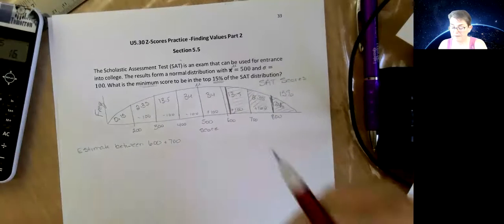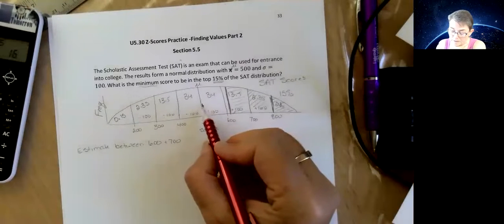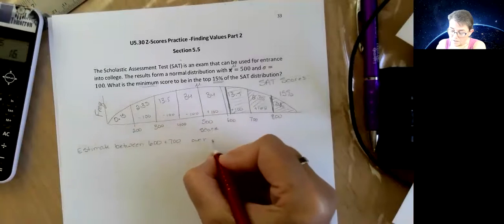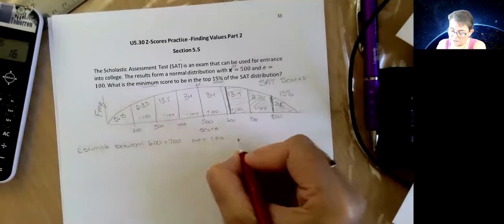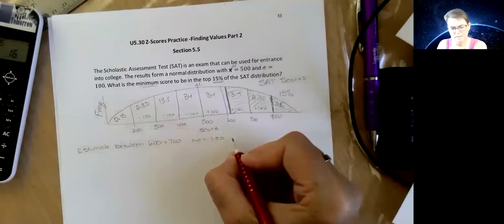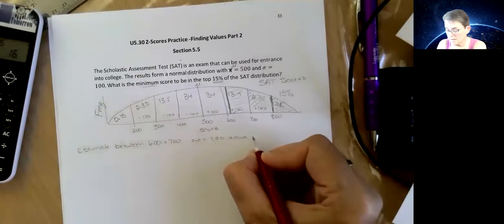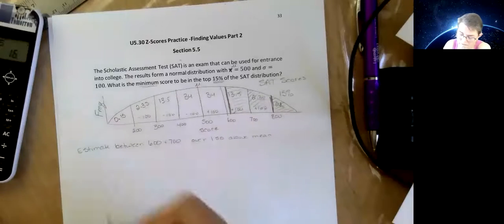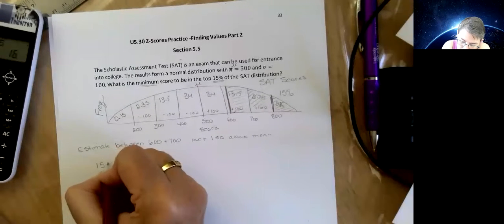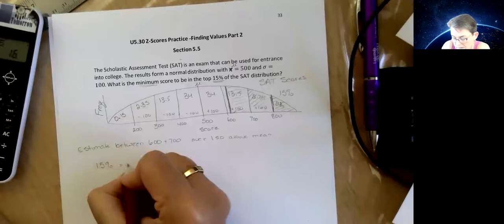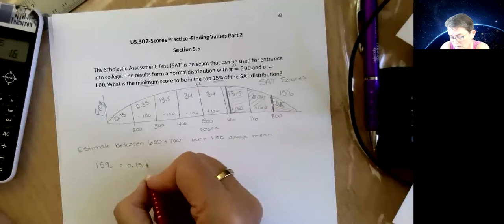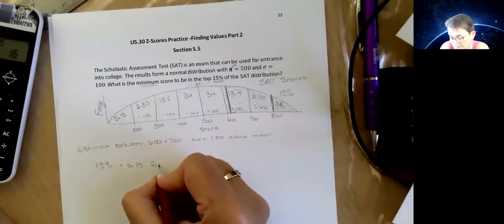All right, so it looks like it should be about 1 standard deviation above the mean. So we want to take 15%, 0.15, and we want to find that on the table.